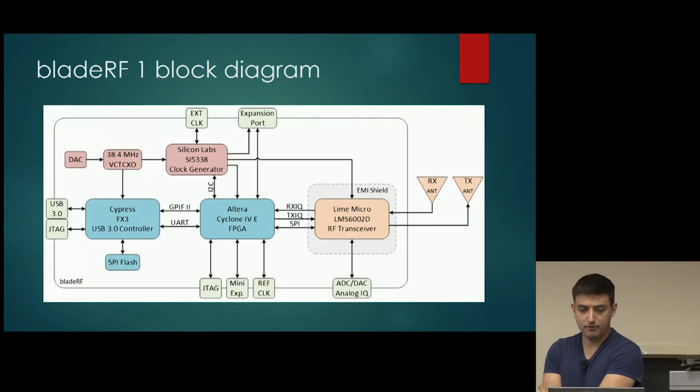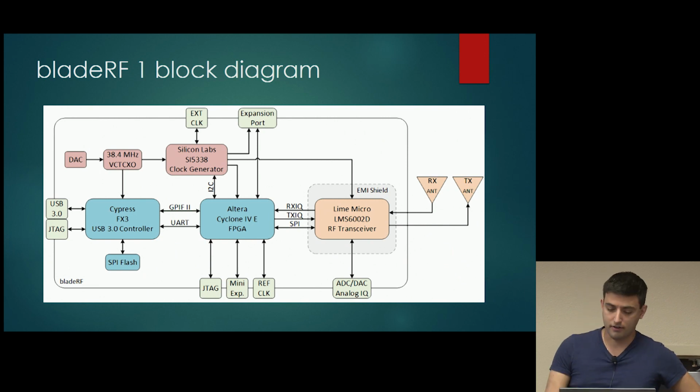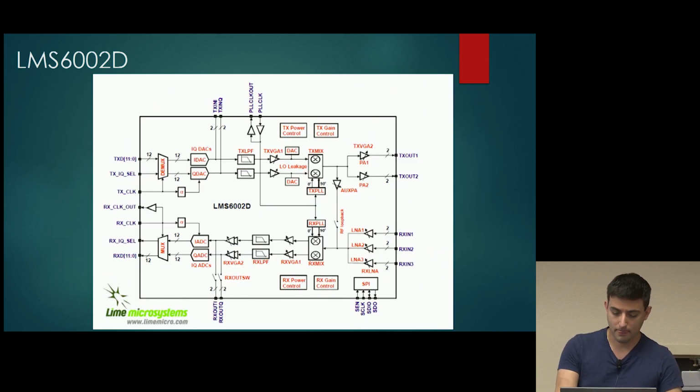Here's a rough block diagram of the bladeRF, which, again, is basically a USB 3 transceiver hooked up to the FPGA, hooked up to the RF front end with a clock distribution chip that basically feeds everything its fundamental clocks.